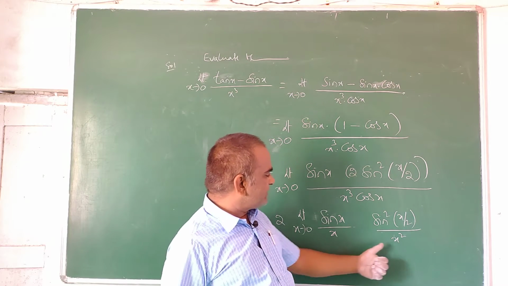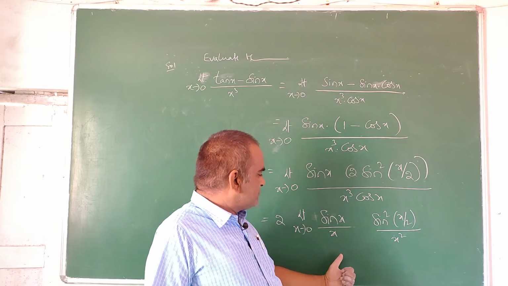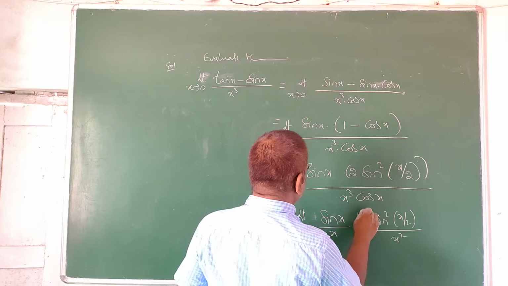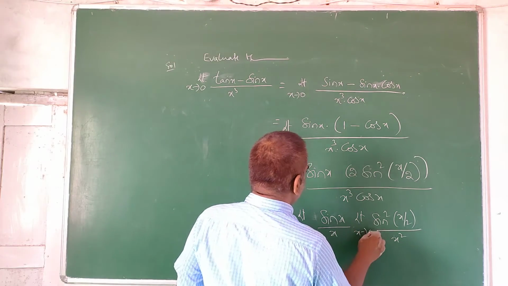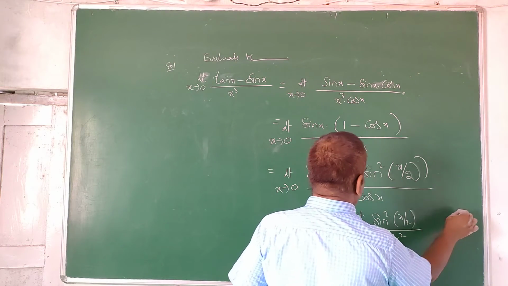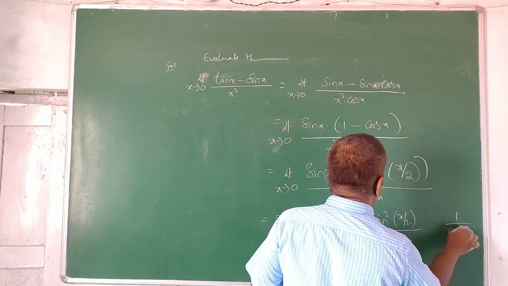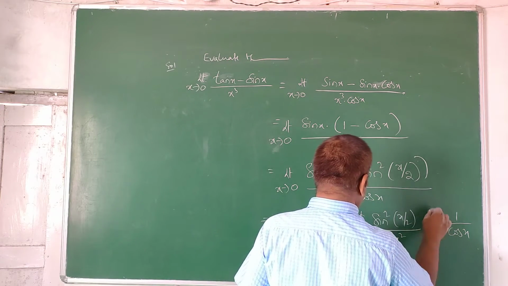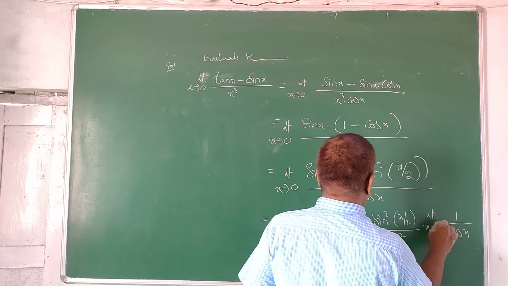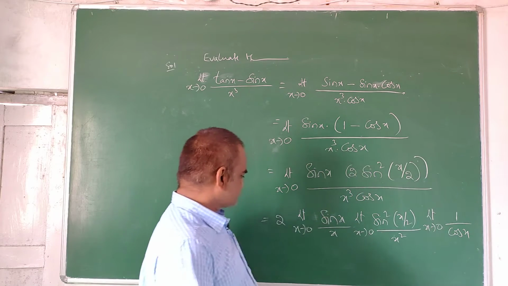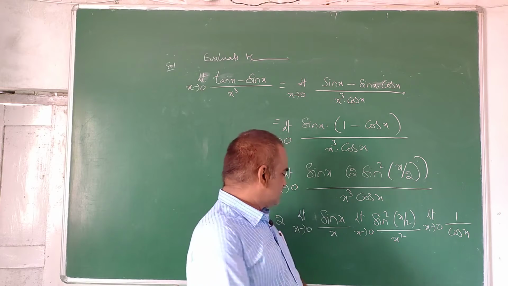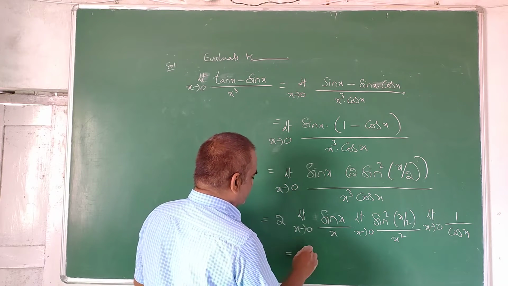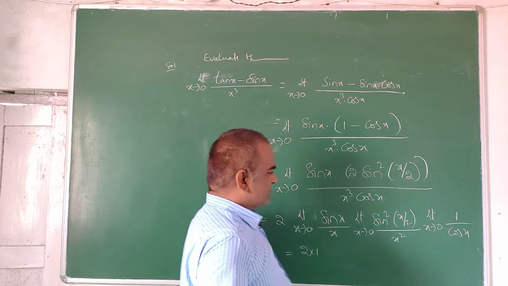So that x into x square would be x cube. There is nothing wrong in that. Now write 1 by cos x, because it is the last term left over, limit x tends to 0. From that standard limit it is 1, so it is equal to 2 into 1.